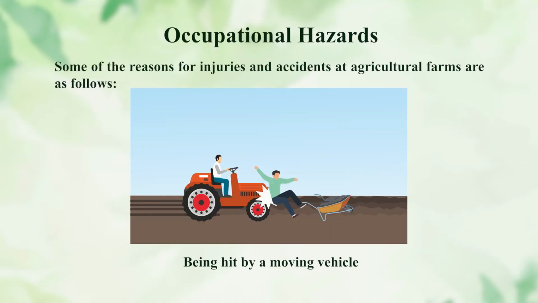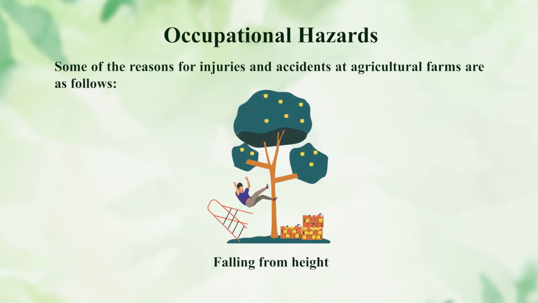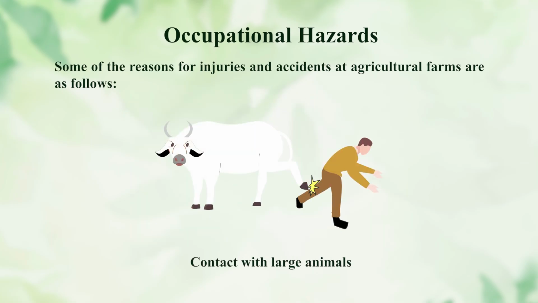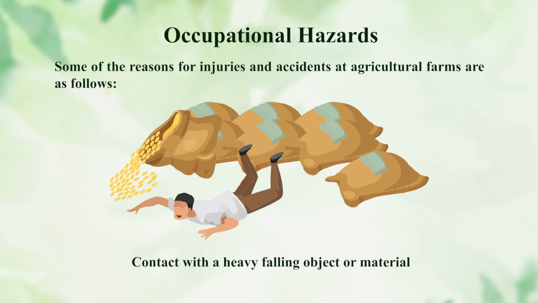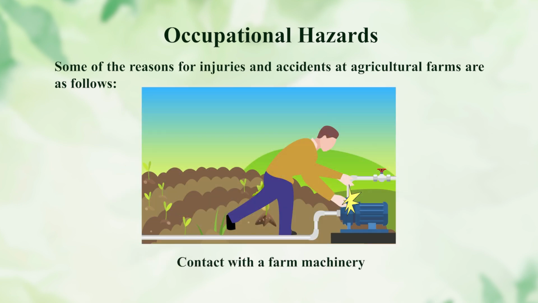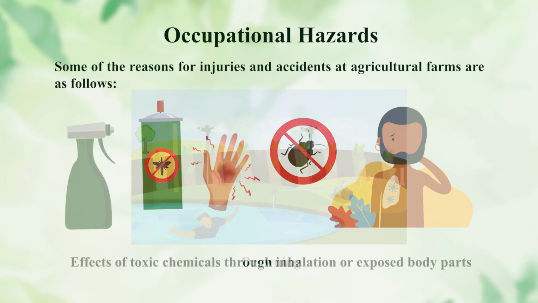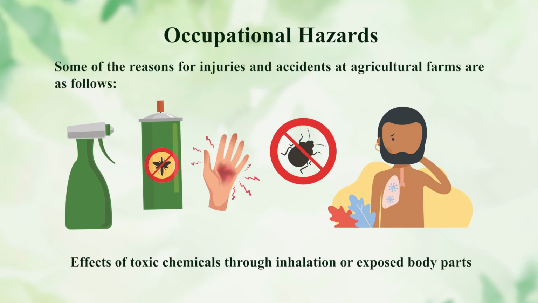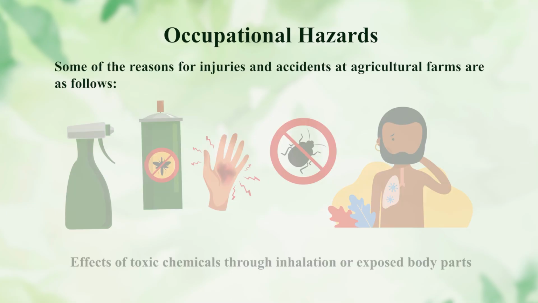Some of the reasons for injuries and accidents at agricultural farms are as follows: being hit by a moving vehicle, falling from height, contact with large animals, contact with a heavy falling object or material, contact with farm machinery, drowning, effects of toxic chemicals through inhalation or exposed body parts.